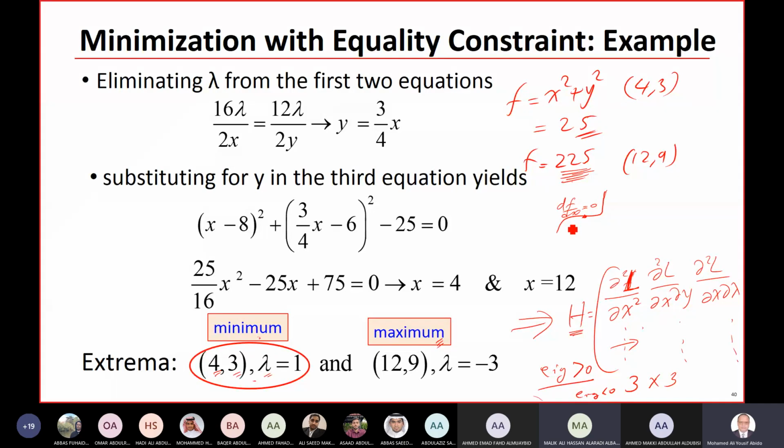But you don't know whether this is maximum or minimum. When you solve here and you get this value, you don't know whether this is minima or maxima. Could be an inflection point.